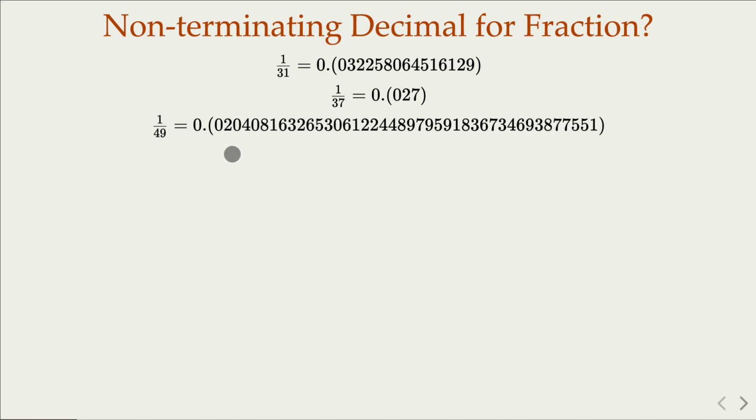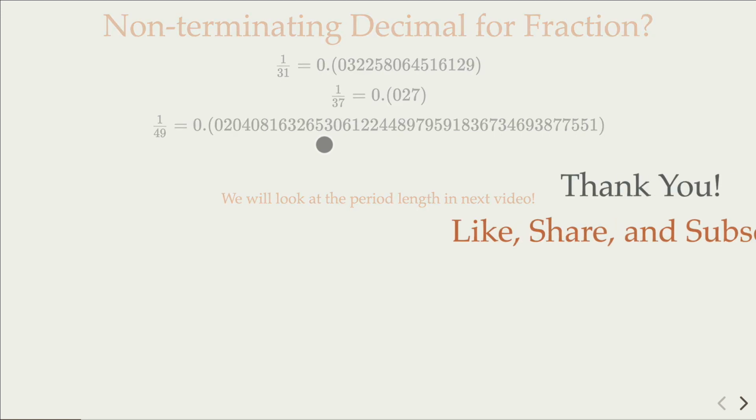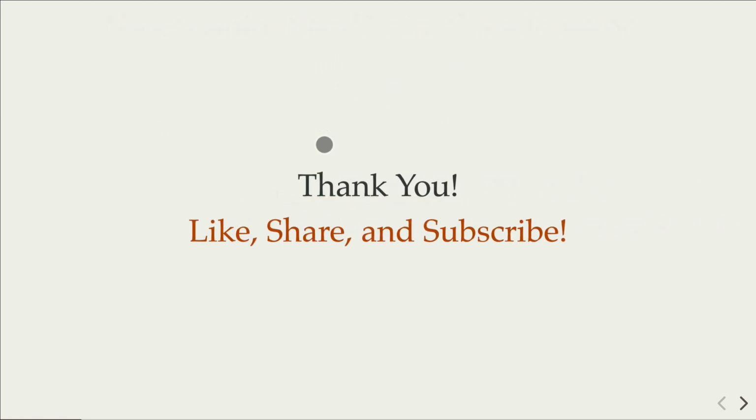Now we can look at the period length for the case where the fraction has infinitely many decimal digits with a repeating pattern. So what is the period length, right? We're going to look at that in the next video, and please subscribe to the channel to check out the follow-up videos on the subject.